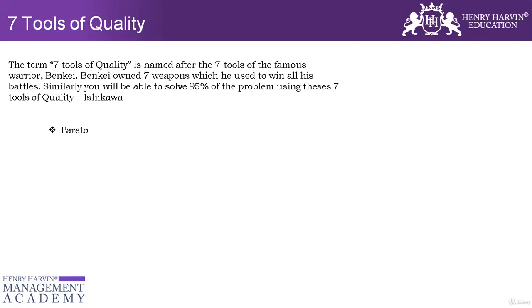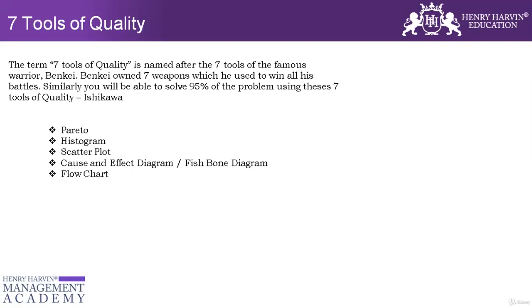So let's look at what these 7 quality tools are. The first quality tool is Pareto. We will talk about Pareto analysis in detail. Then it's a histogram, a scatter plot, and the cause and effect diagram, fishbone, which we have already covered. Fishbone is also one of the 7 quality tools which we discussed already.